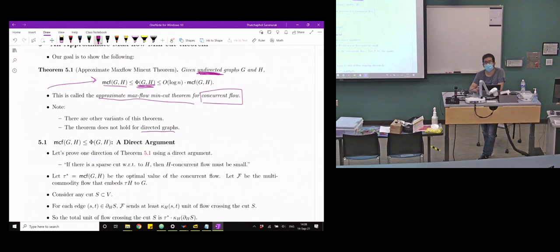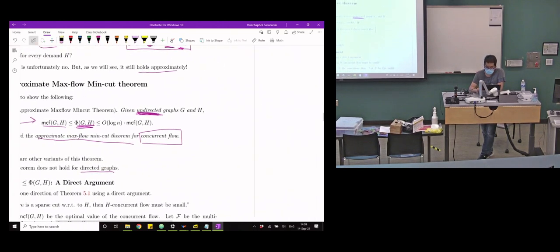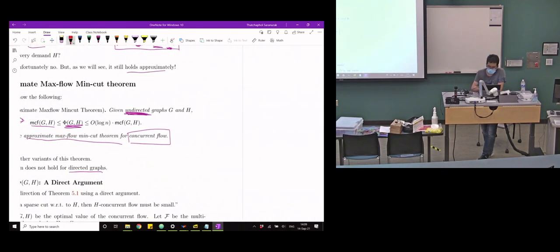How is the path of feasible flow defined when there's no direction? Well, if you have a graph G and an edge E, the flow path really has no direction.